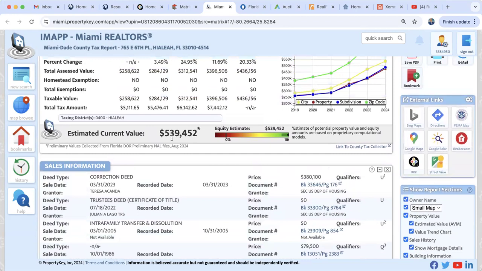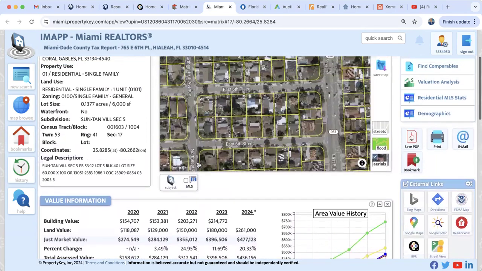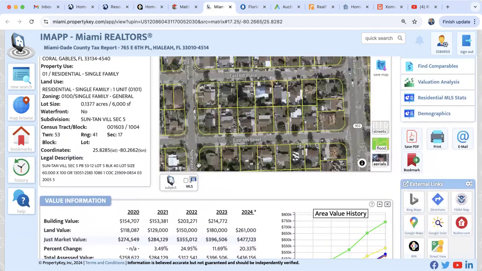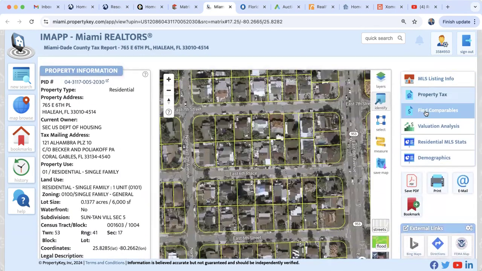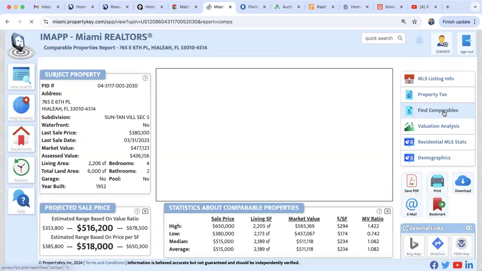Now, IMAP is always going to give you, this is a new feature of IMAP, the estimated current value, which is right now at just under $540,000. Keep in mind the property is listed for 460. Now, that's not the true value. We want to try and run some comps on IMAP to see what the true value is based on the market. And we're going to do this by selecting find comparables on the right-hand side.